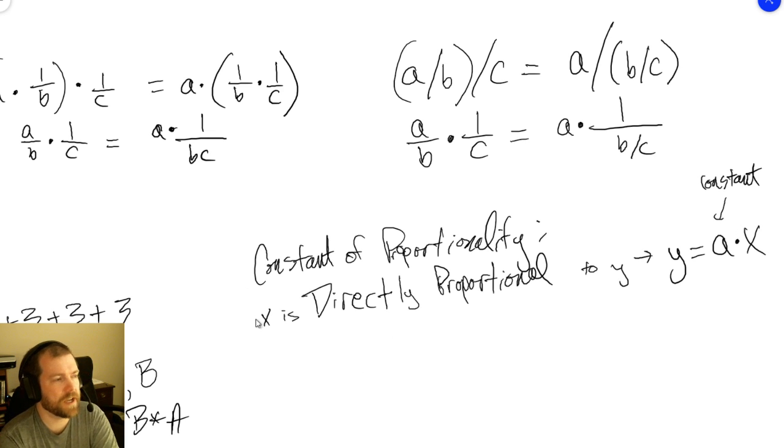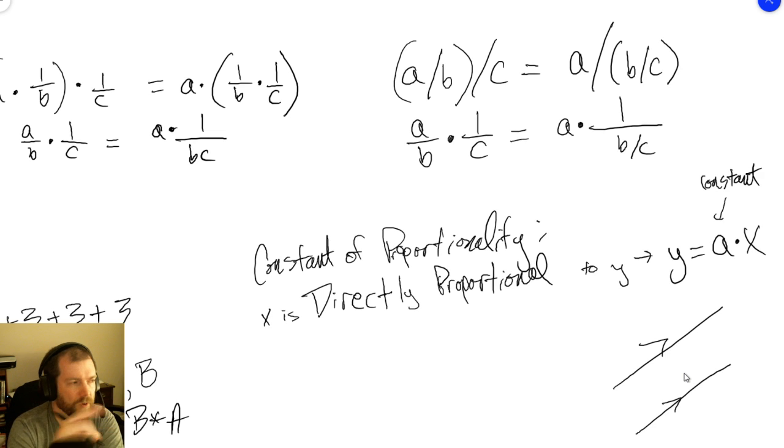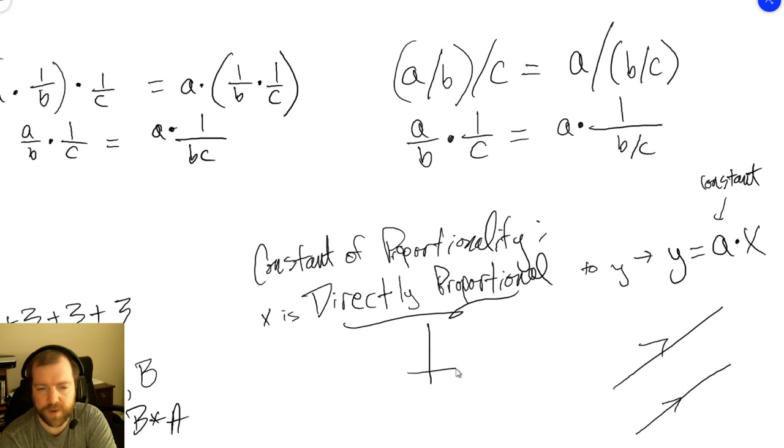If you're just saying they have equal slopes, the problem is that you've got the possibility that there are parallel lines, and parallel lines don't have a direct relationship. On the other hand, something that is directly proportional to another goes through 0, 0, and then has some sort of relationship like this.